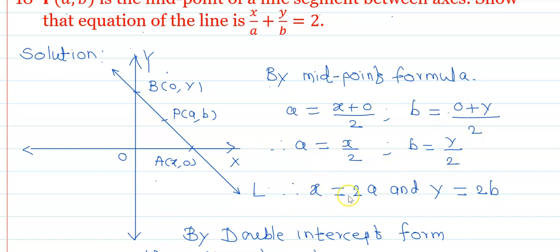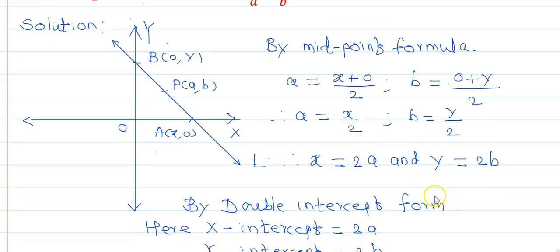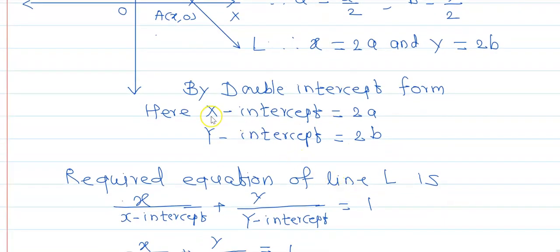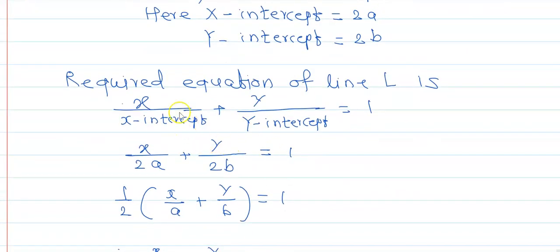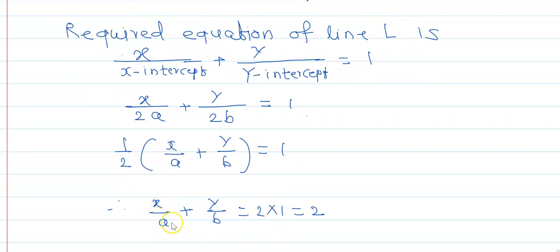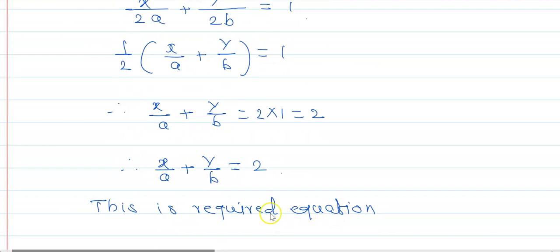Therefore, x is equal to 2a, y is equal to 2b. By the double intercept form, the x-intercept is 2a, the y-intercept is 2b. Therefore, the required equation of line L is x upon x-intercept plus y upon y-intercept is equal to 1, x upon 2a plus y upon 2b is equal to 1. Take 1 upon 2 as common, and therefore x upon a plus y upon b is equal to 2 into 1, that's equal to 2, and hence it is proved.